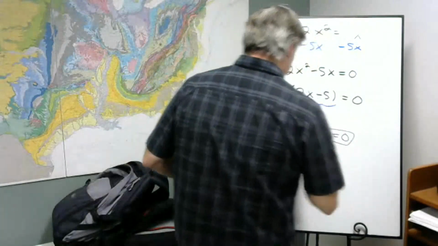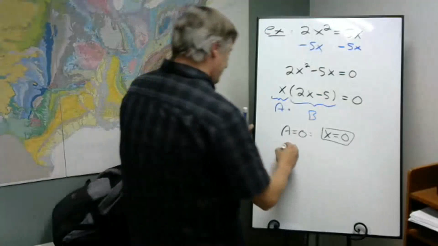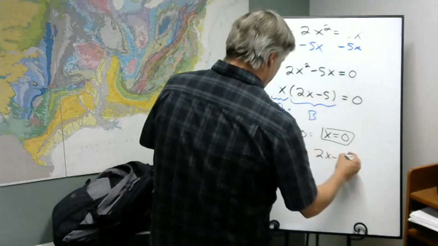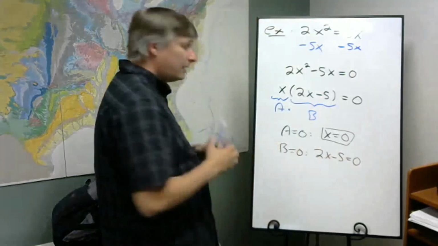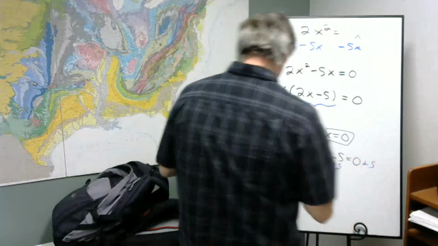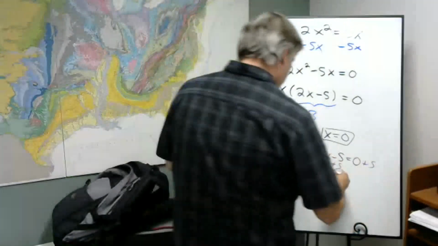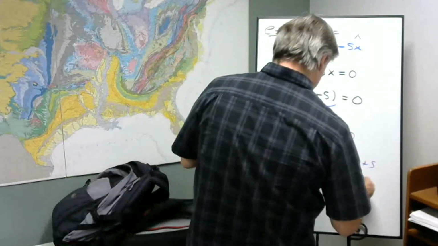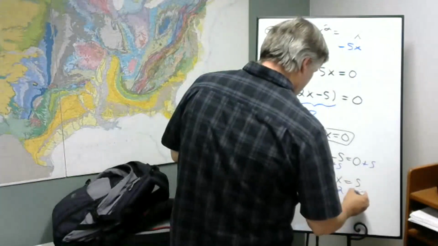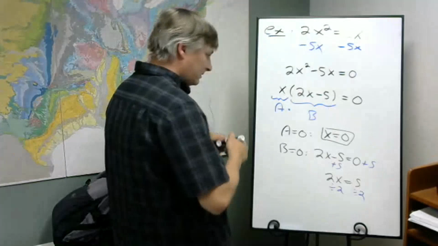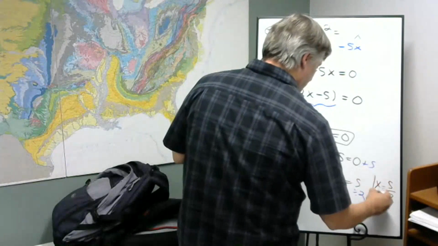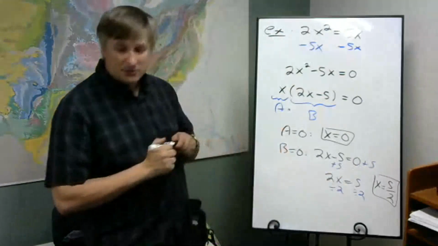Now for B, add 5 to both sides. Divide by 2. We have x is 5/2.